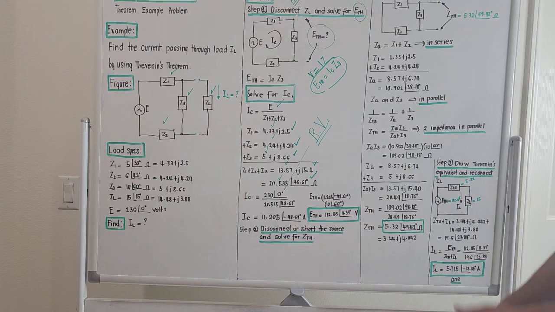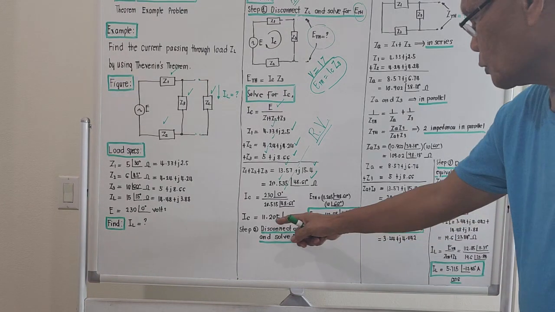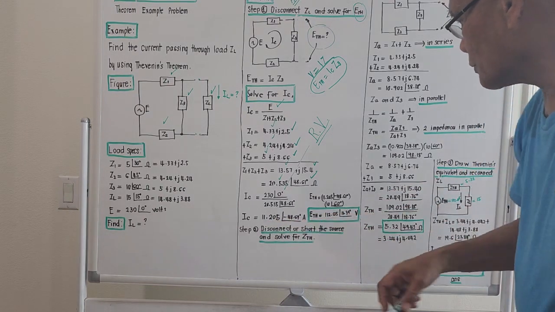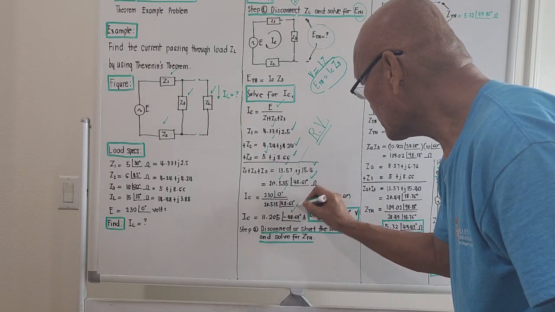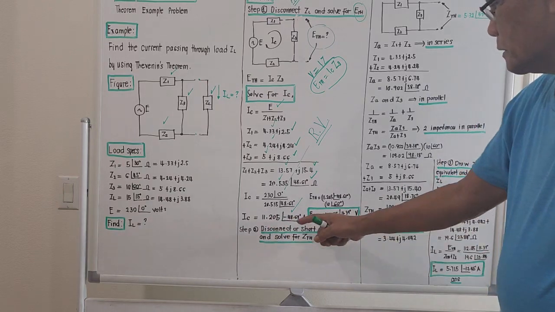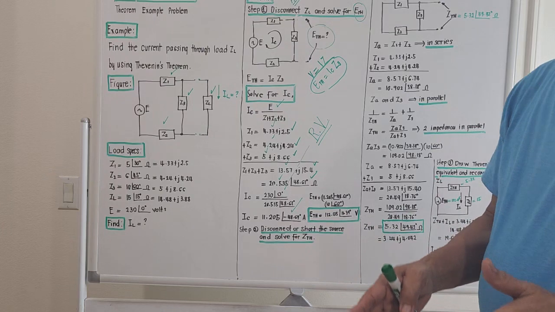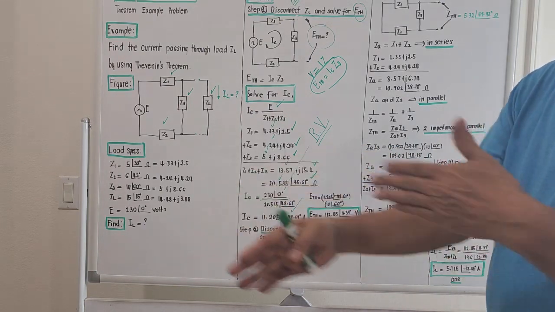Performing the vectorial division, it will be 11.205 angle negative 48.61 degrees. This is the value of the circulating current. The magnitude is 11.205. The angle is negative 48.61. The angle of the current is negative, so it will be an inductive load.